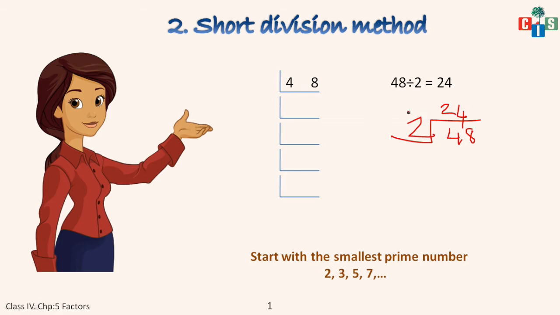This is the reverse division sign. You have to write the number 48 here, and then the divisor is 2. The divisor is written outside, so in the same way you have to write 2 here outside only. And this 24 is written below 48, like this.